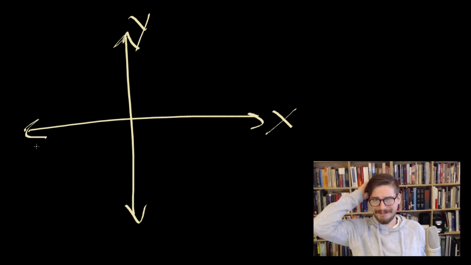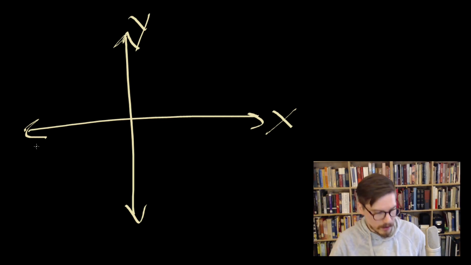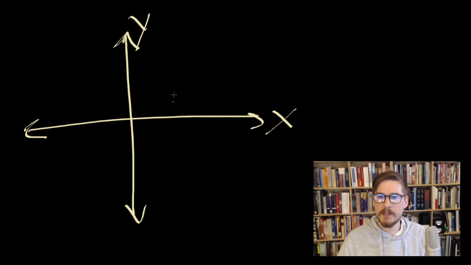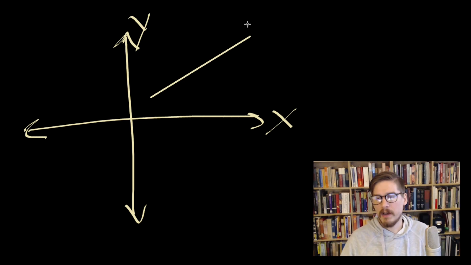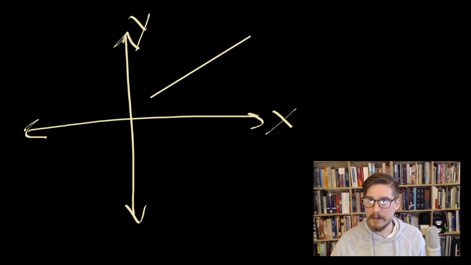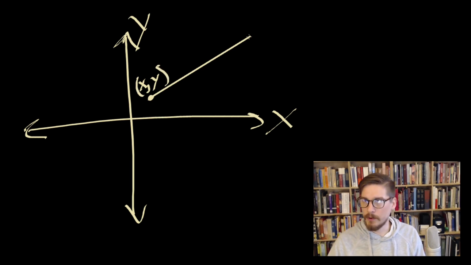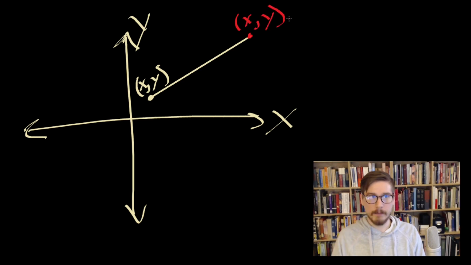Now, we're taught something called the distance formula, which is a way of determining how long a line is on our coordinate plane. So the way that we do this is we have an x and a y value here. All right, there's some x and y value there. And I'll do this one in a different color just to visually separate it. And then we have another x and y value there.